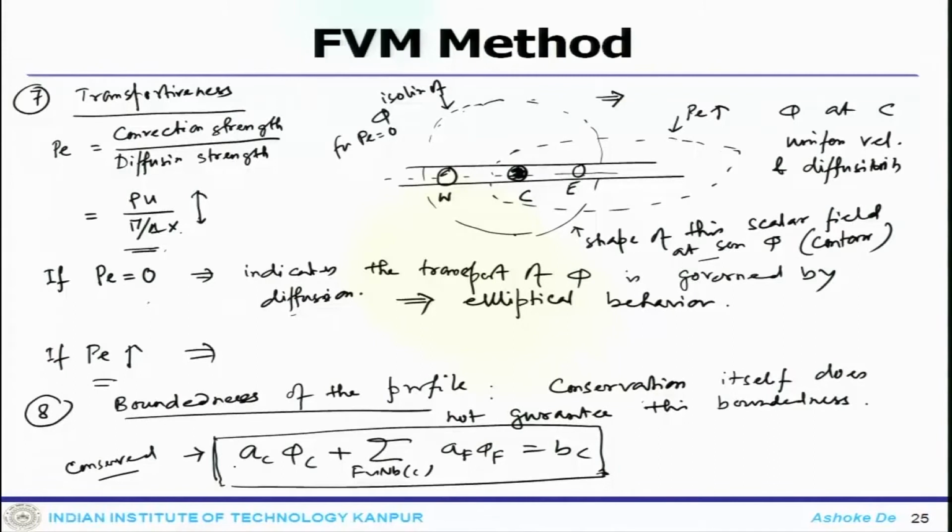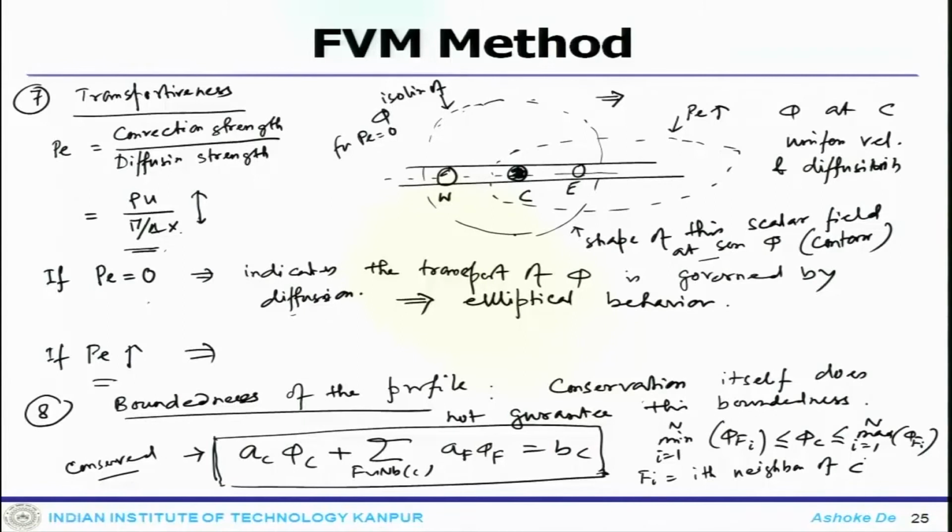So, to have the boundedness, you must have a criterion like minimum over i from 1 to n of phi_F_i must be less than phi_C, which must be less than maximum over i from 1 to n of phi_F_i. Here F_i represents the ith neighbor of C and n is their number.